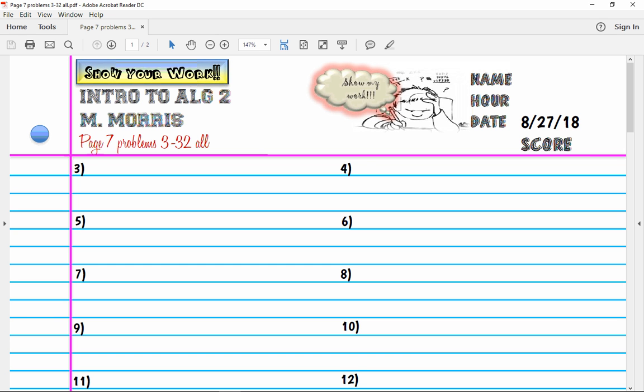Page 7. Three through 32 all. Where's that at? It's in your textbook, right? Now, class is over, you've got almost an hour to work on that, right? That's like 28 problems.